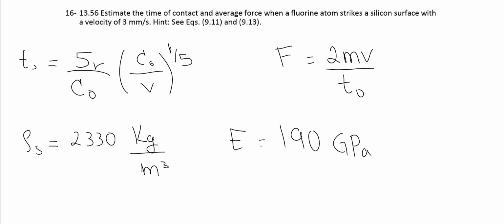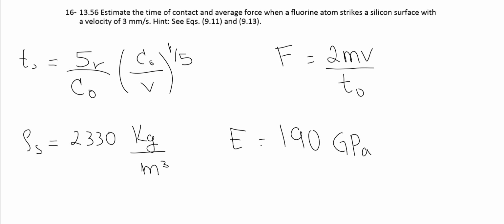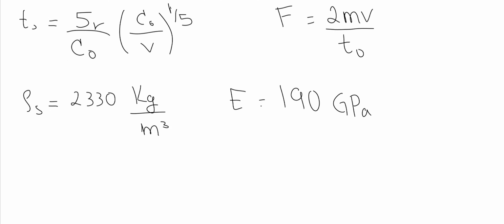Our velocity was defined in this problem as well, which is V. You'll notice in the solution manual it uses 0.001 meters per second. In our case, it's 0.003, oops, sorry about that, meters per second.